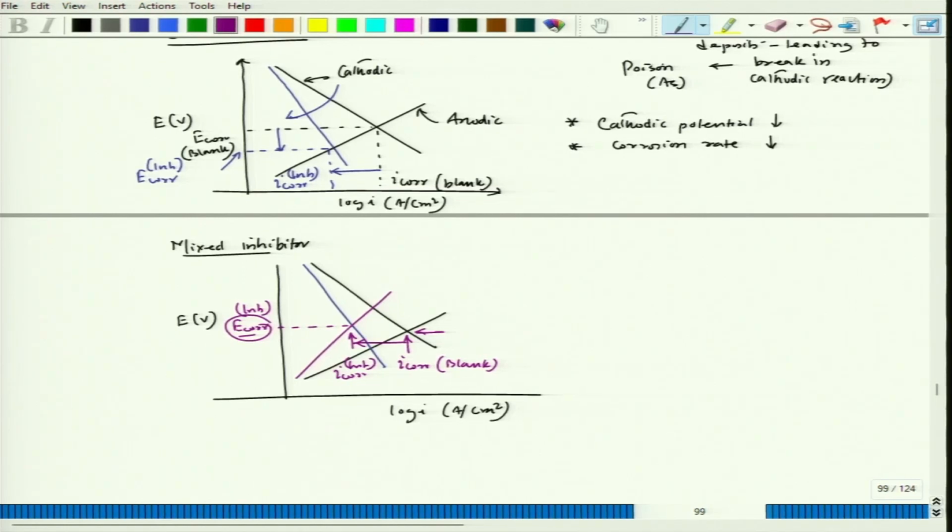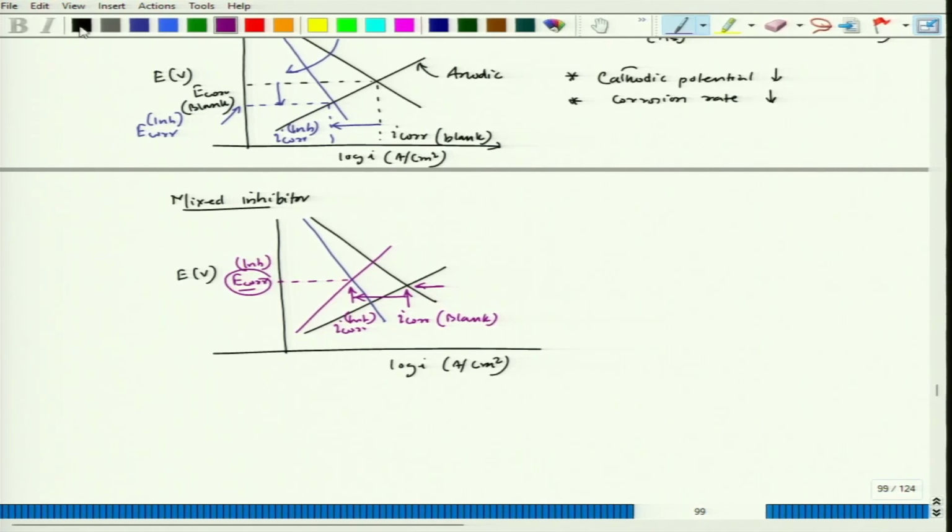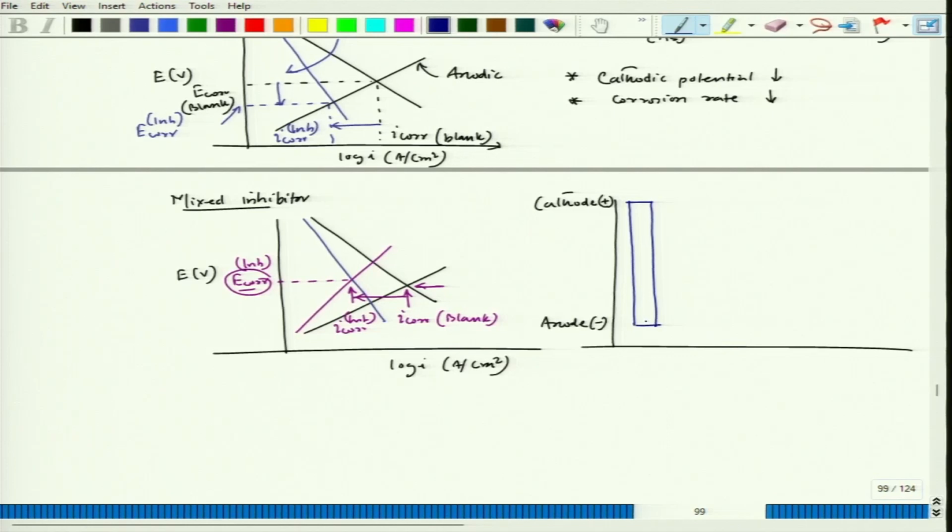Okay. So, now if we try to look at both the situations from the potential point of view, let us say this is cathodic part, cathode, which is positive, and anode which is negative. Now, initially let us say this is my potential distribution. Now, once we have anodic inhibitor, this potential goes up as we have seen.